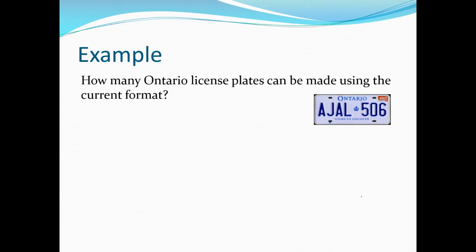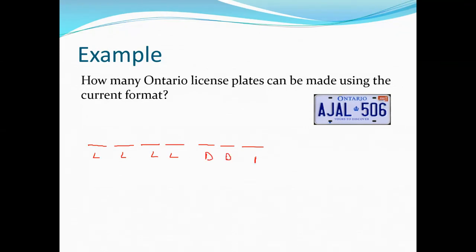So let's look at the license plates. With the current format of 4 letters and 3 digits, I like setting it up this way: letter, letter, letter, digit, digit, digit. We can use the fundamental counting principle to see how many plates are possible.